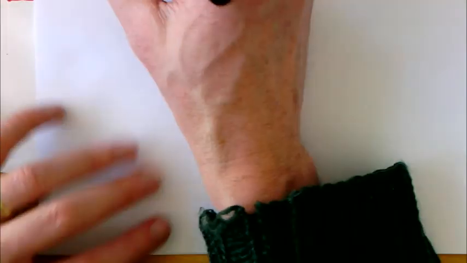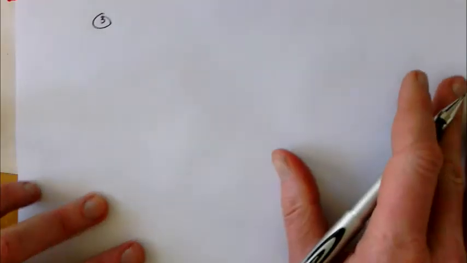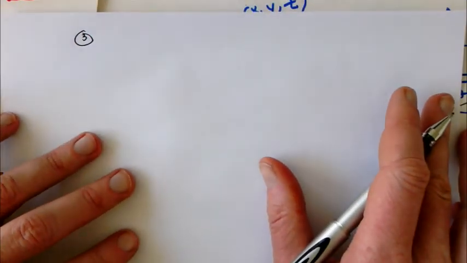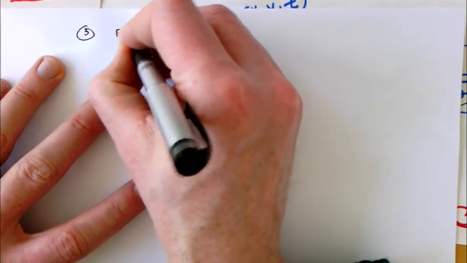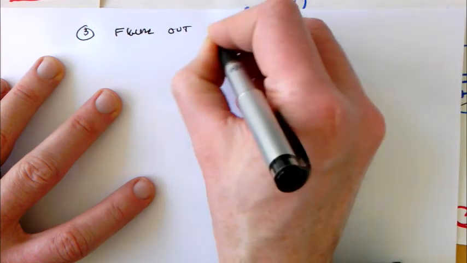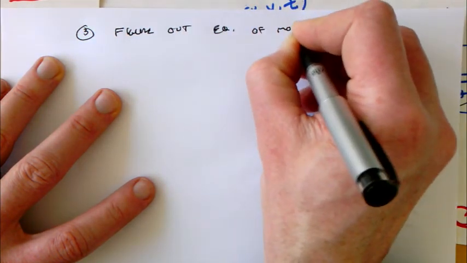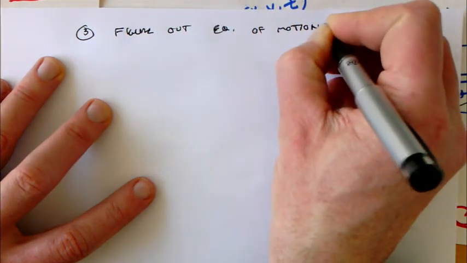Okay. The third thing that I will end up doing once I've defined the coordinate system is I will figure out what my equations of motion are. And that has a couple of sub-steps in that.